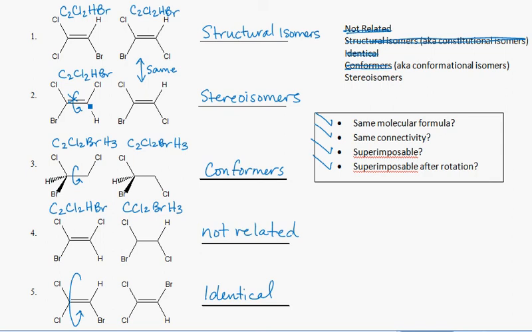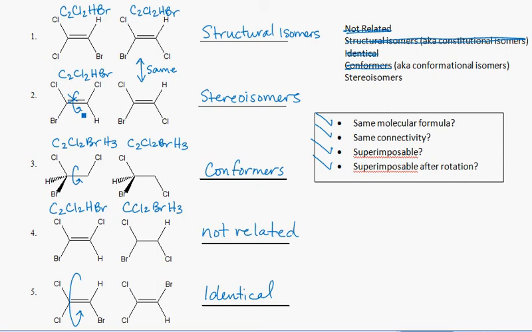If we look at the second carbon, the chlorine in the first molecule is on the top. If you look at the second molecule, the chlorine on the second carbon is going down. You cannot rotate to make them the same. There's nothing you can do to flip the molecule over or rotate it around to make it superimposable. So these are stereoisomers. They have the same connectivity, so the same atoms are attached to our double bonded carbons, but they're not arranged in the same space.